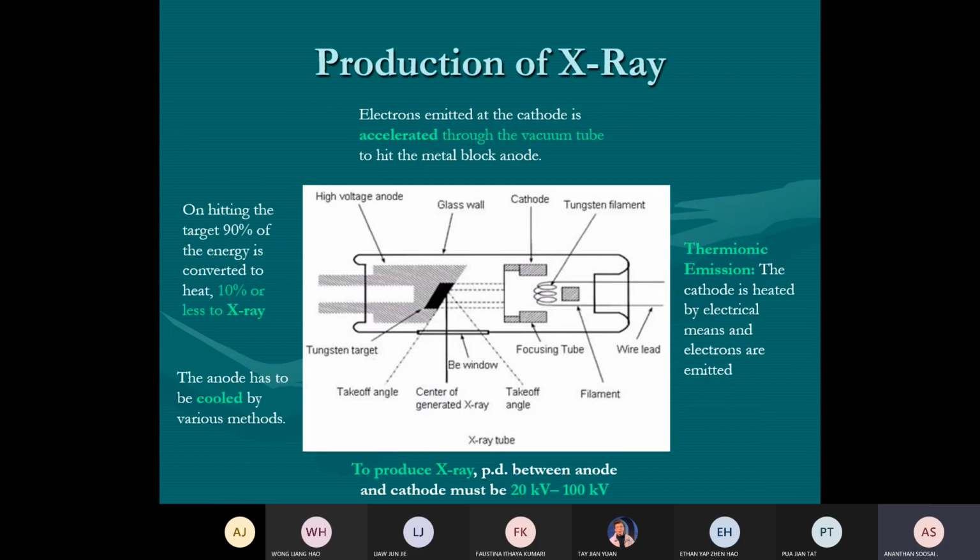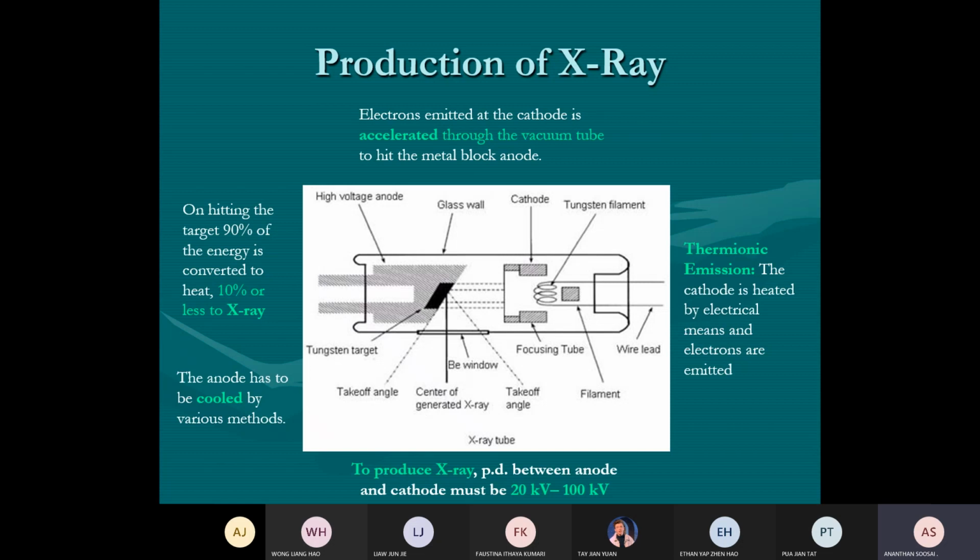How is X-ray produced? This is the machine that produces X-ray. X-ray is produced when a high-speed electron is bombarded onto a metal surface.